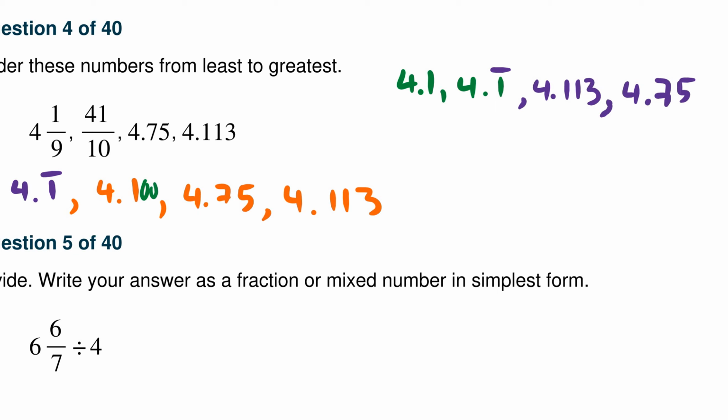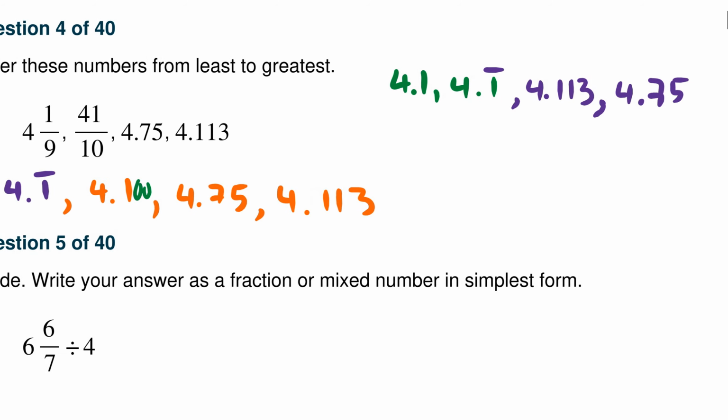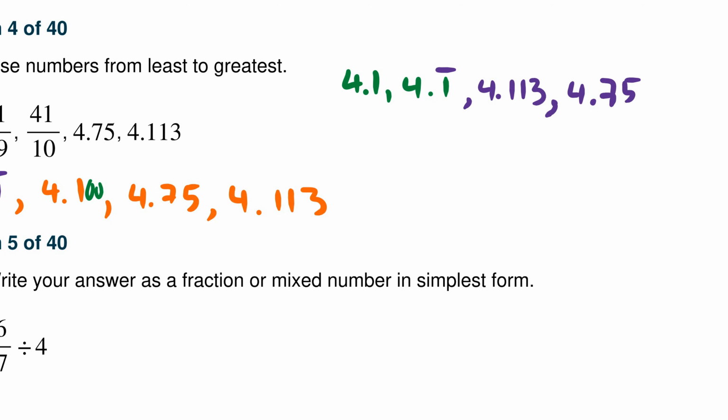I don't know if this will help, but the trick is I look at the number with the most digits after the decimal point, like 4.113. If I move the decimal point 3 times, I will have 4,113. Moving the decimal 3 times here, you have 4,750. So it's way bigger than 4,113.